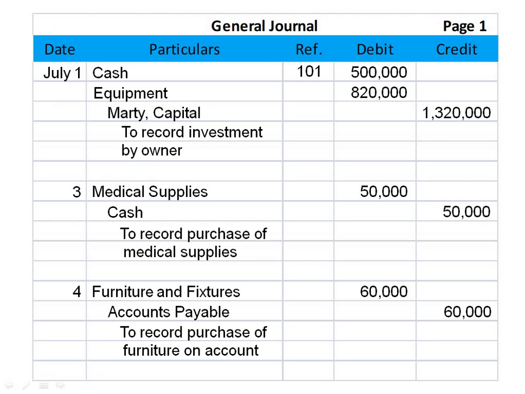So immediately, by looking at this reference column, we know what we need to post next. This debit to equipment in the amount of 820,000 because it does not have a reference number here yet. So let's post to the ledger of the equipment account, debit or left side.